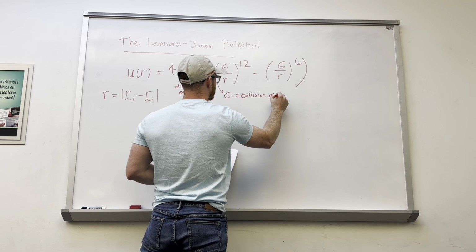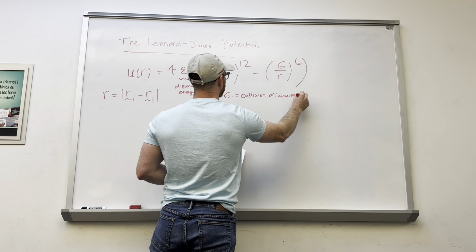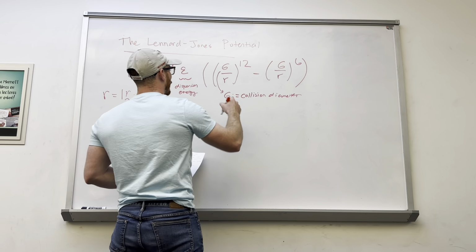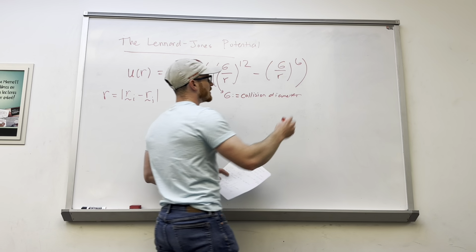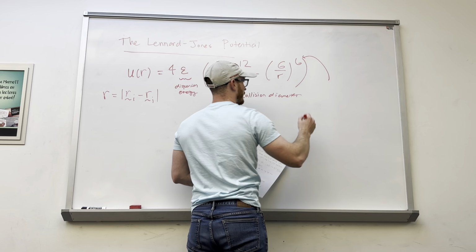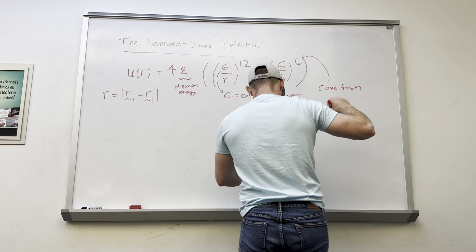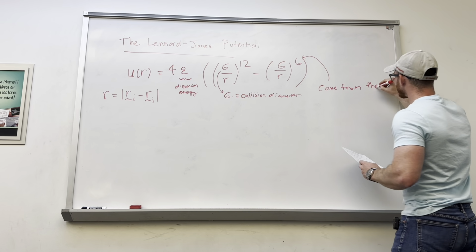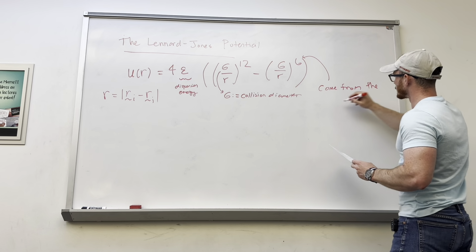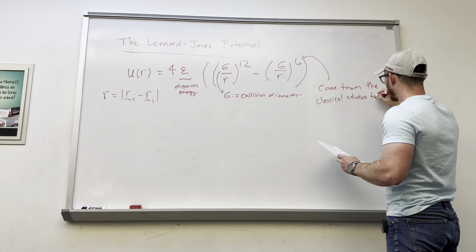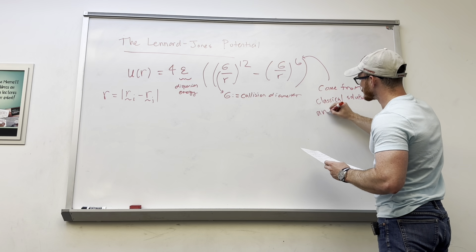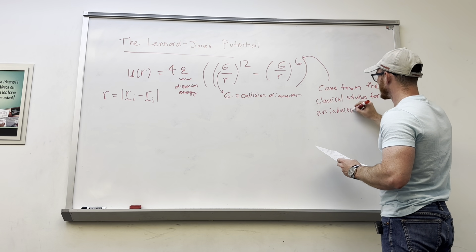You can think of it as the size of your atom. r is going to be the relative distance between atoms i and j. This power 6 here is going to come from the classical solution for an induced dipole-dipole interaction.